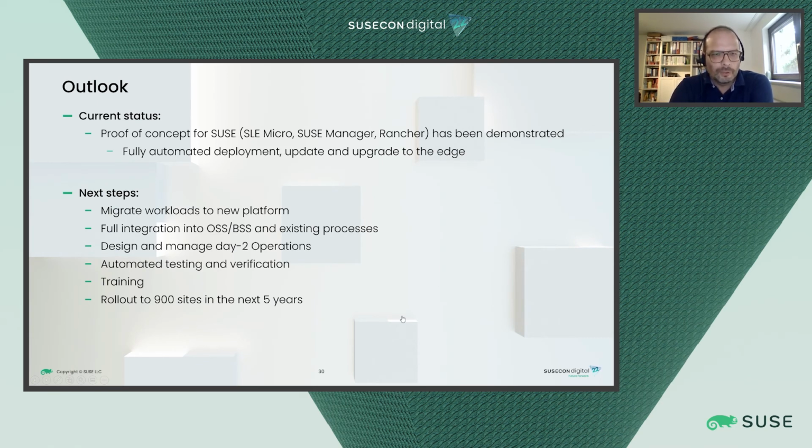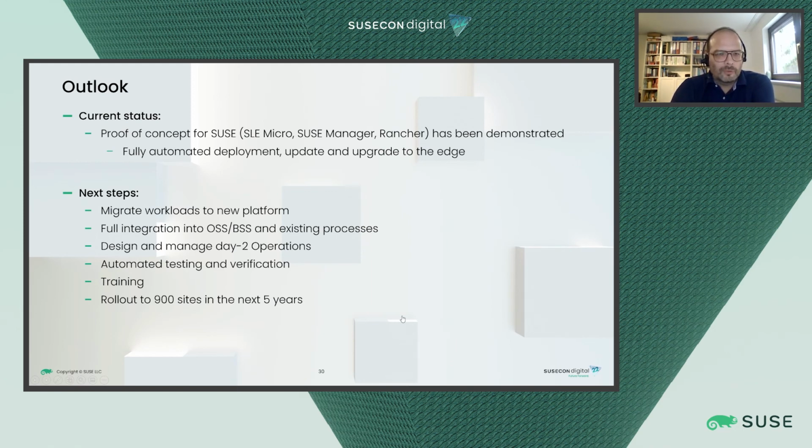It is currently a fully automated deployment for upgrading the edge cloud system that works. It needs to be further integrated. The next steps are basically migrating the workload to the new platform from our existing system and integrating everything into our OSS and BSS landscape and the existing processes that Deutsche Telekom has.